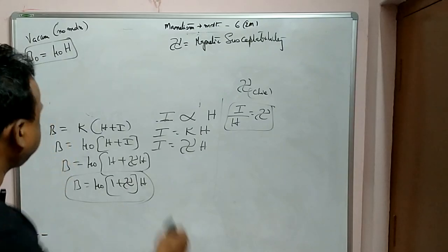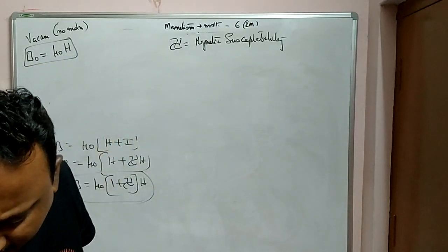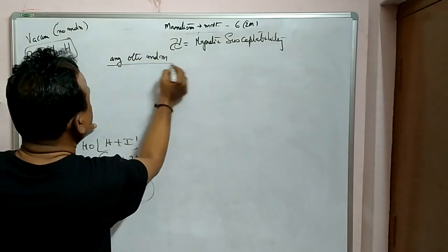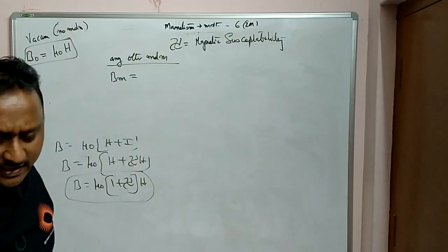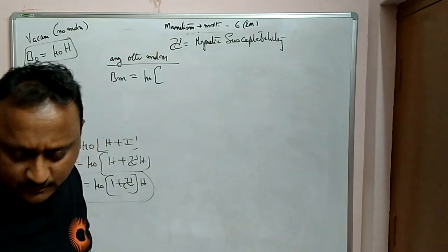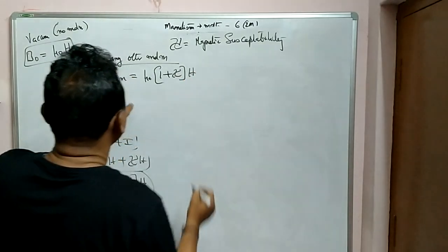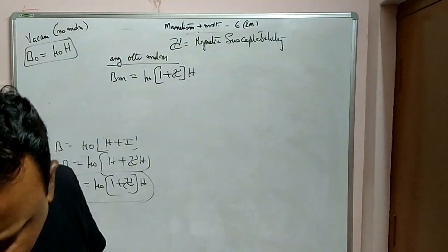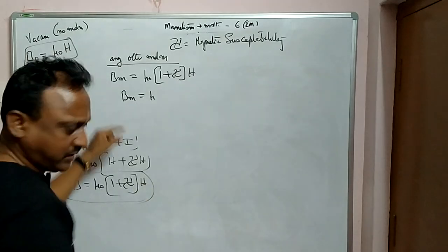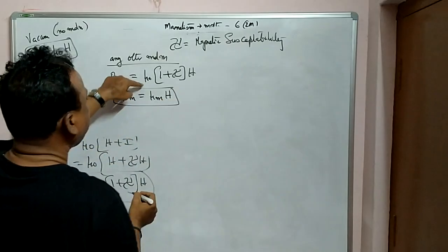Now let's see how the formula changes for any medium. For no medium you have seen B naught is equal to mu naught H. For any other medium, Bm can be written as mu naught into 1 plus psi into H, or simply, for any other medium, the magnetic field is equal to mu m into H. Please make a note here, very important.